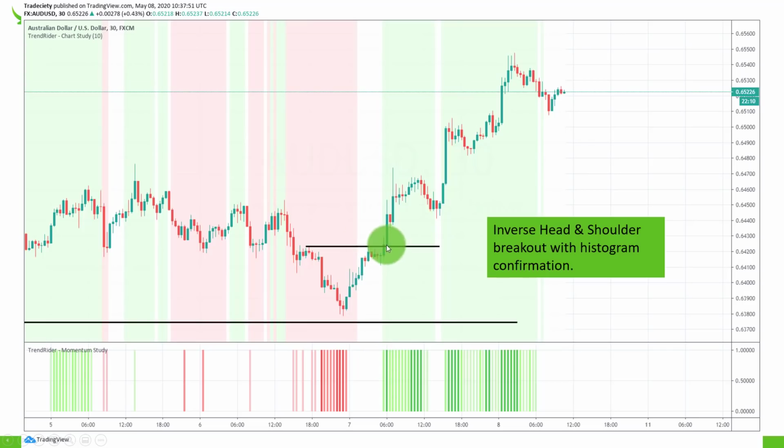And if you can combine it with a breakout, often you will find very great trading opportunities. Here, once the market broke out above the previous high, the background color turned green and also the histogram turned green, giving you the green light to get into a trade if this is based on your trading approach. And you can see the market kept making higher highs and higher lows all the way until recently.